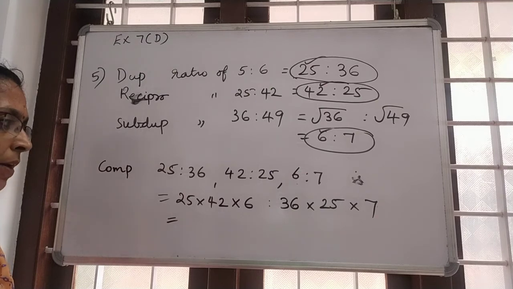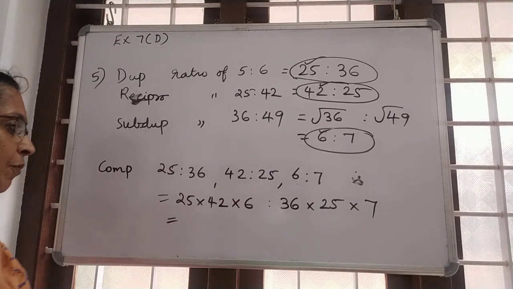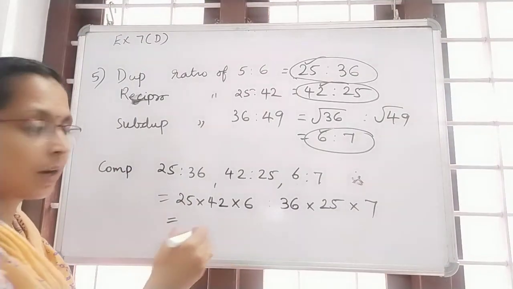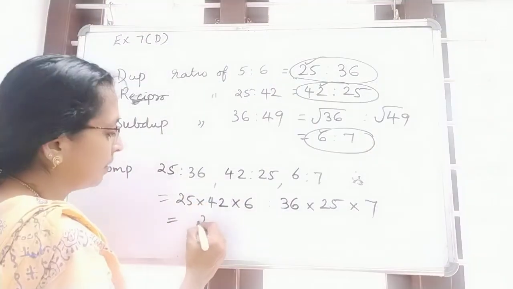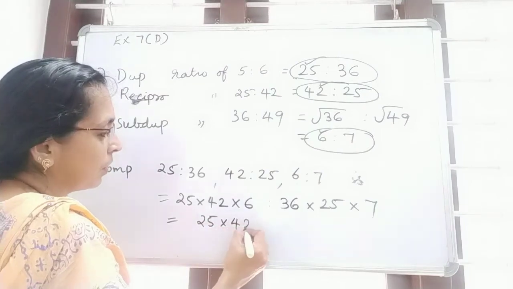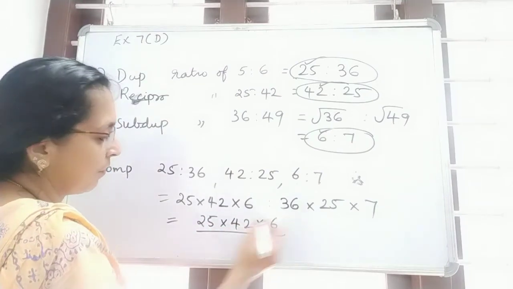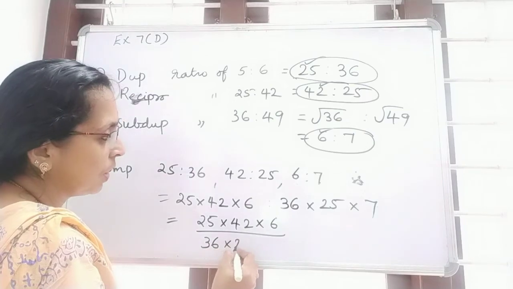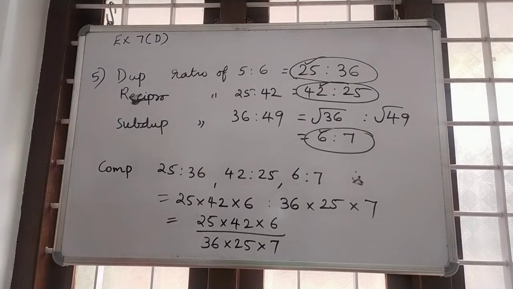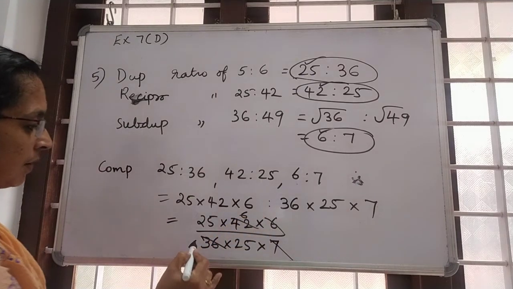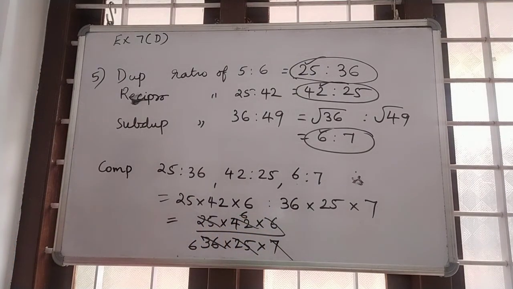No need of multiplying. Directly we can write in fraction form, that is better. We want the least one, so no need of multiplying; after the cancellation, write this in fraction form first. So 25 into 42 into 6 by 36 into 25 into 7. How can we cancel this? 7 and 42, 6 sevens are 42. 6 and 6 are 36. 25 and 25 we can cancel directly.